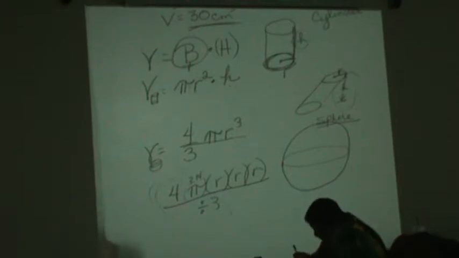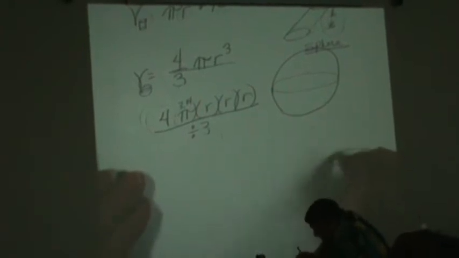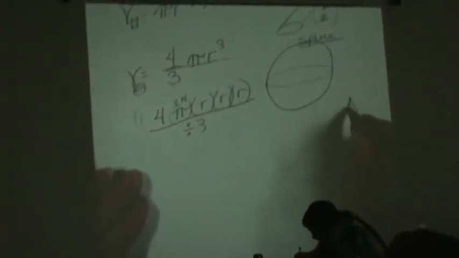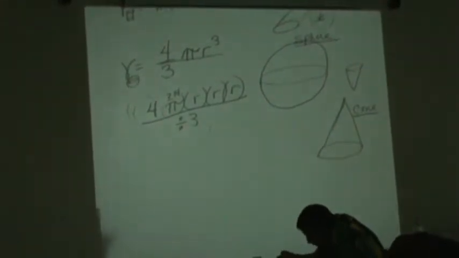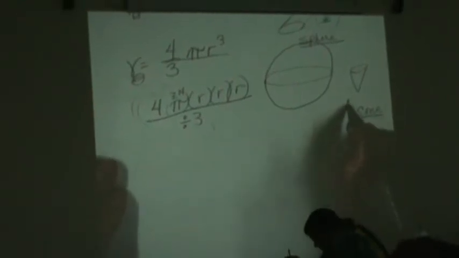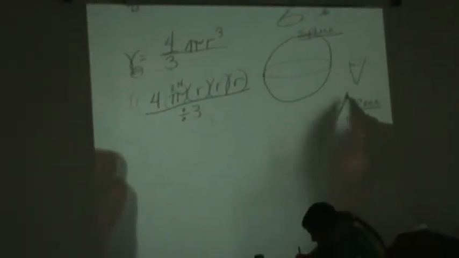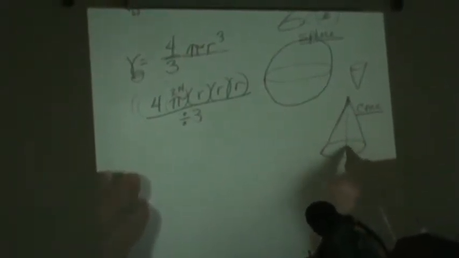Okay, there's another shape. And what does that look like? It looks like an ice cream cone, right? That's why it's called a cone. Okay, a cone will have a height that goes from the tip, which is your vertex, and it's going to come straight down at a right angle to your circle down here.